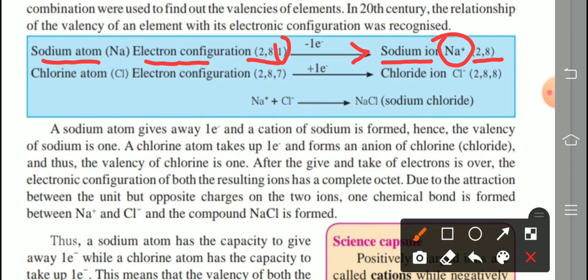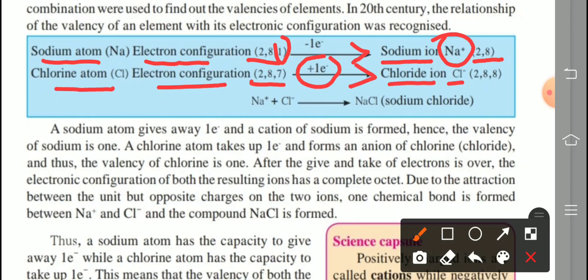Chlorine atom: atomic number is 17, so electronic configuration is 2, 8, 7. In the outermost shell, 7 electrons are there, so taking 1 electron completes its octet in the outermost shell. That's why chlorine gains 1 electron to form the chloride ion, that is Cl−.